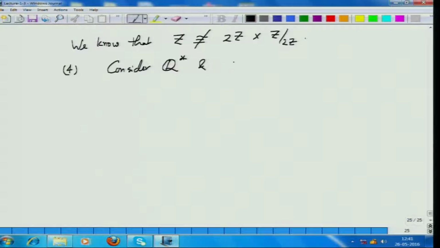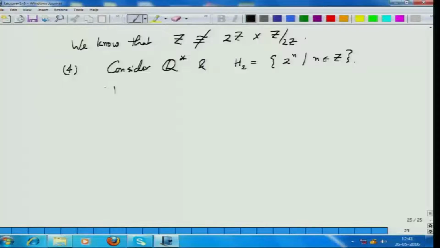Let me write this as H2 equals 2 to the n, n in Z, all positive and negative powers of 2. This is a subgroup of Q star. We have seen this. Quotient Q star with this. What is this? Again, it is something you have seen.